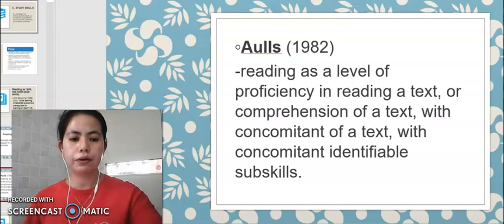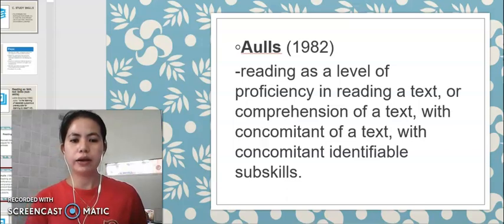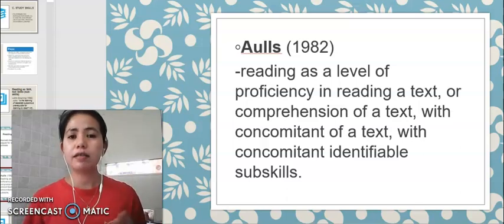Another view of reading as a unitary skill, according to Alls in 1982, is reading as a level of proficiency in reading a text or comprehension of a text with concomitant identifiable subskills, which we use to process text. At the same time, this unitary skill can be analyzed in terms of component subskills.